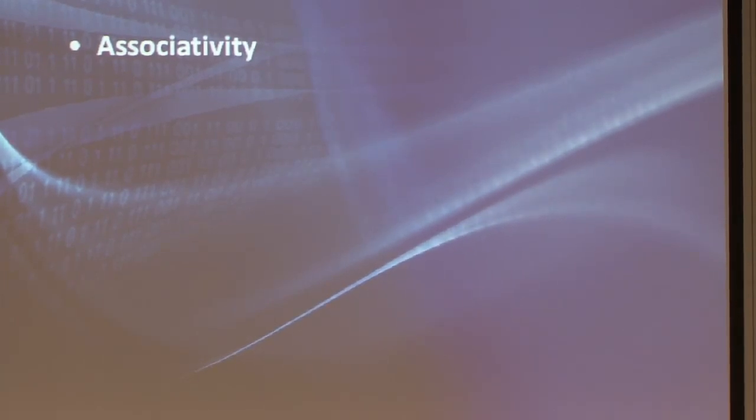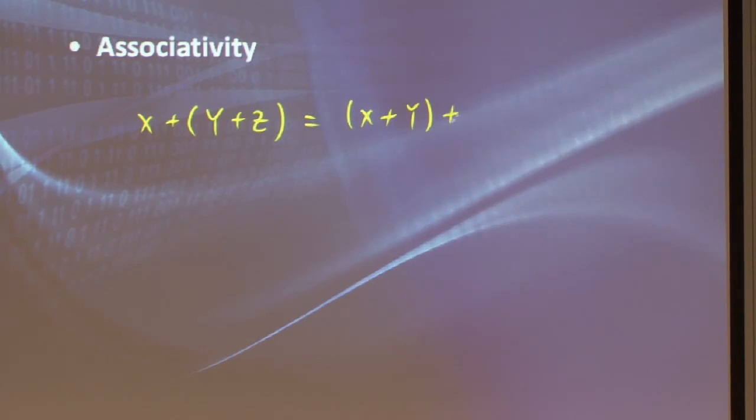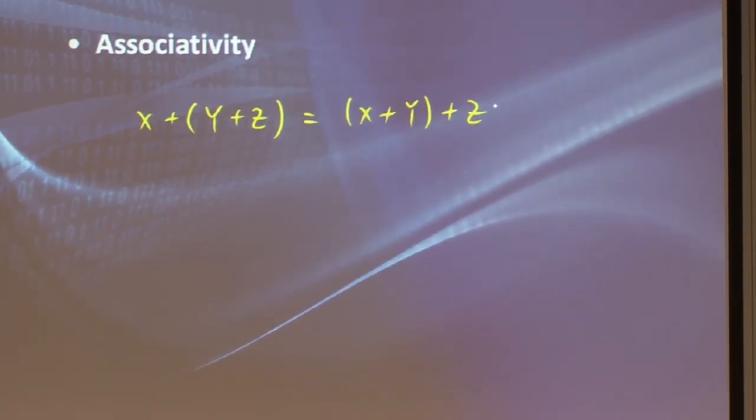Associativity. It tells you that with an OR operation, as long as you have only OR operations, it doesn't matter whether you do the y OR z first and then OR it with x, or if you do the x OR y first and then OR it with z, or the x OR z first and then OR it with y. It doesn't matter.